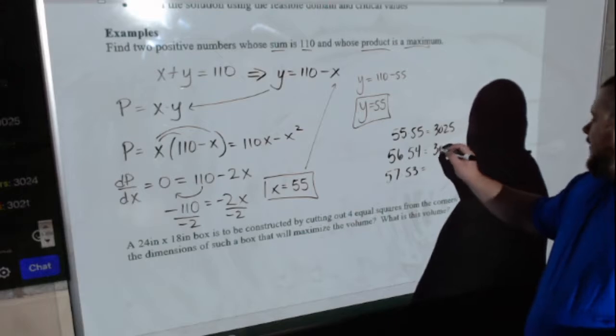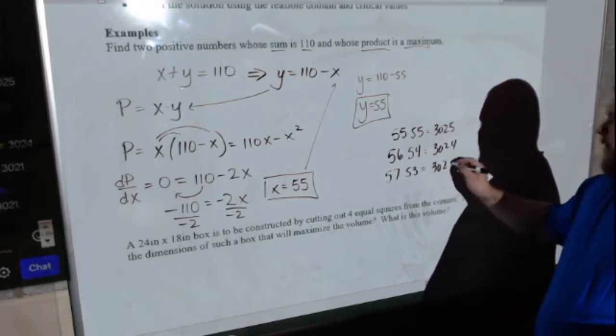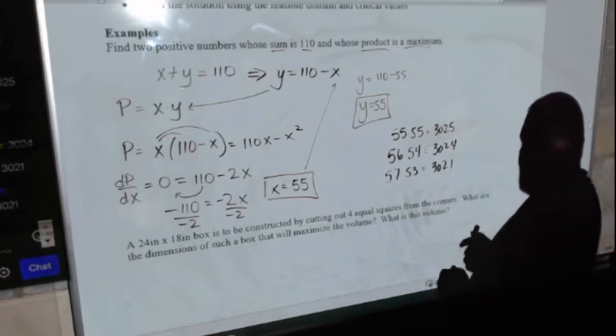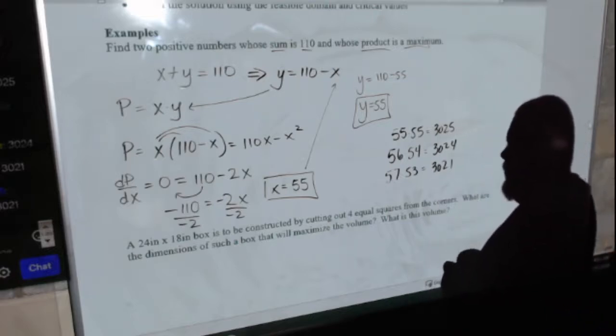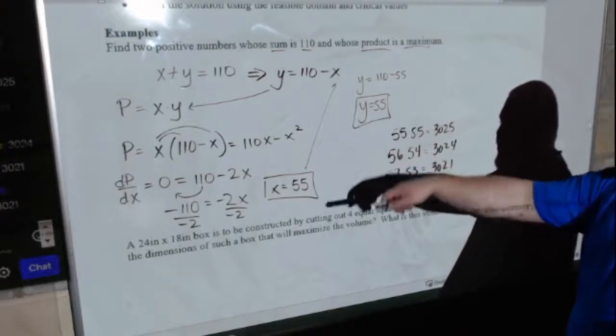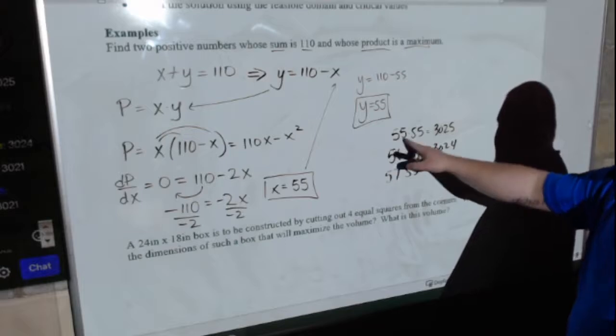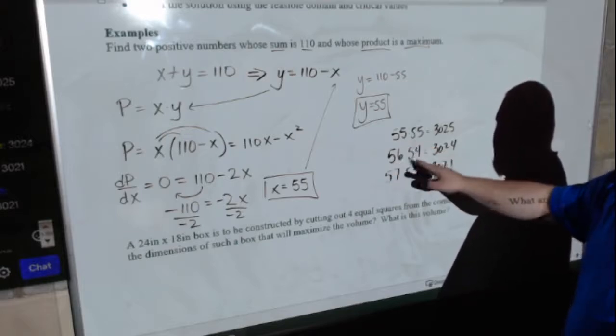All right, 30, 24. And then you're saying this is 30, 21, okay? So that should prove to you that these two numbers that add to 110 have the highest product, because I started taking one away from this one, or adding one to this one and taking one away from that one.